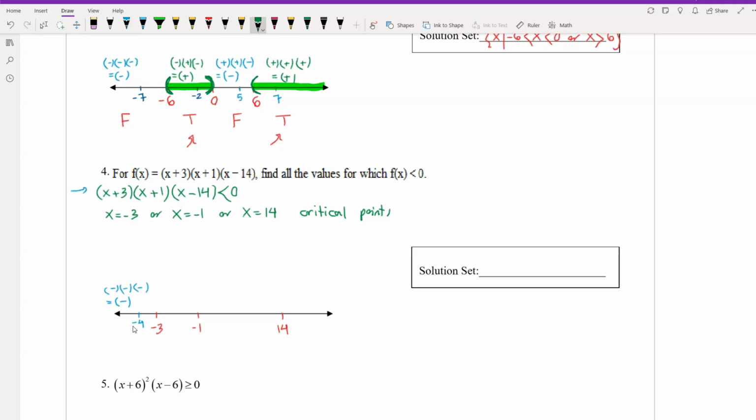The next one is between negative 3 and negative 1, for example, negative 2. Use that instead of x: negative 2 plus 3 is positive, negative 2 plus 1 is negative, negative 2 minus 14 is negative. Multiply all these, here we have positive.